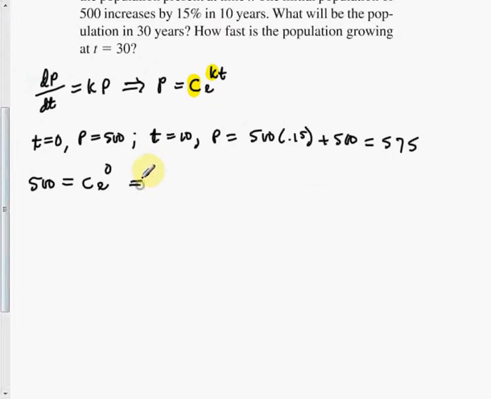So that implies that c is equal to 500. So we have P is equal to 500 times e to the kt. Now if we let t equal 10, P equal to 575, we can solve for k.